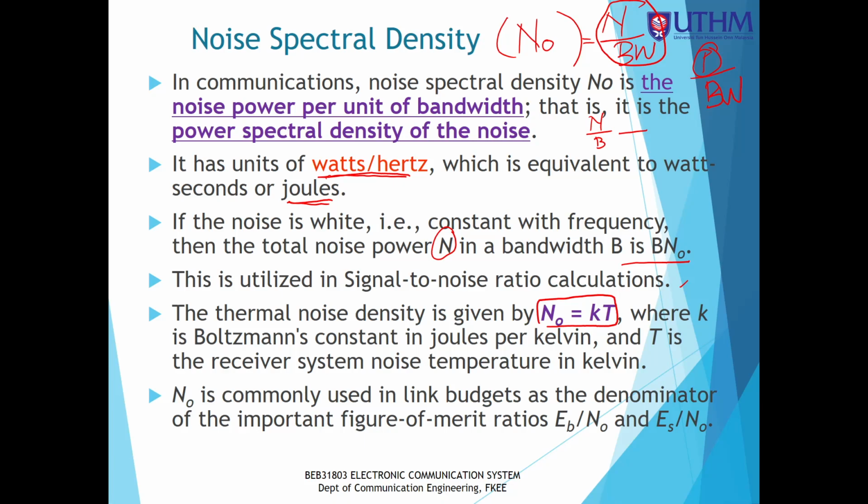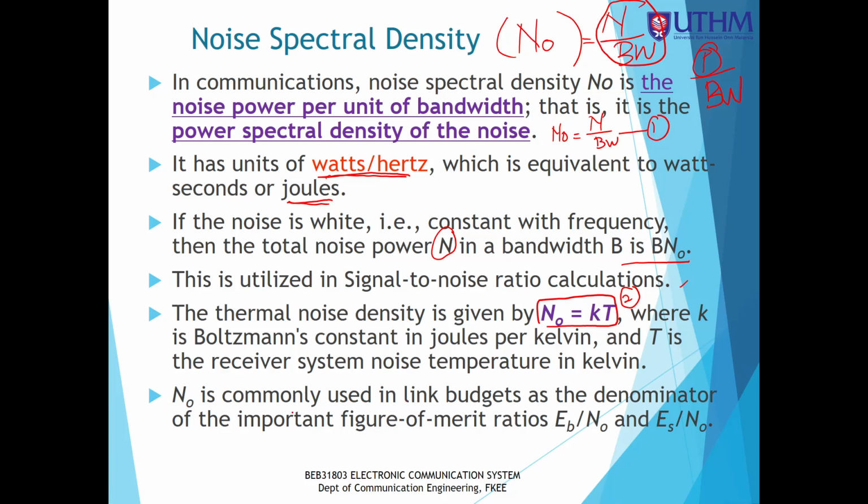The second one is k multiplied with T. k is the Boltzmann constant, and T is the temperature in Kelvin. So remember, T is the temperature in Kelvin, and k is the Boltzmann constant in terms of joule per Kelvin.